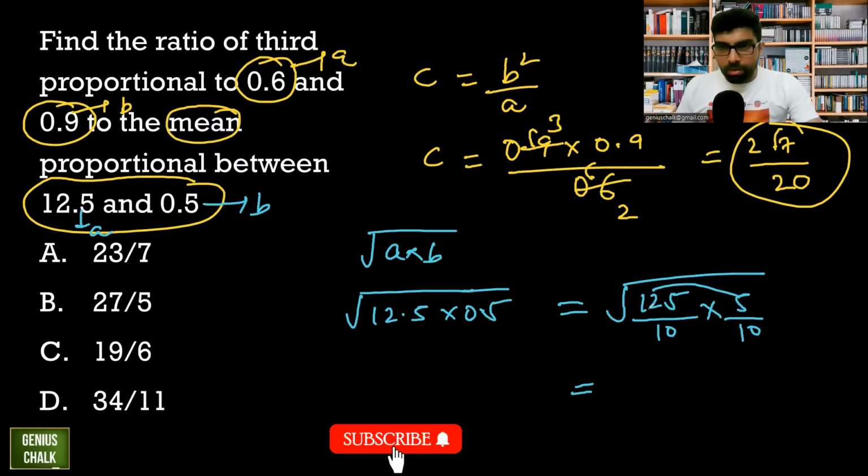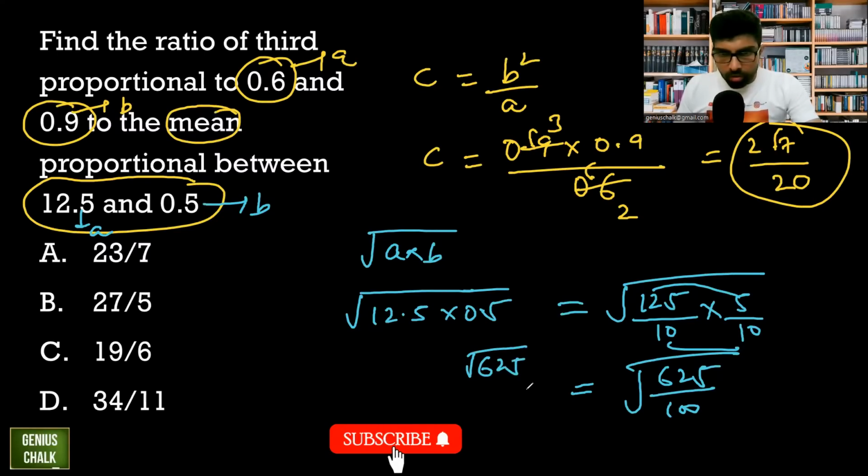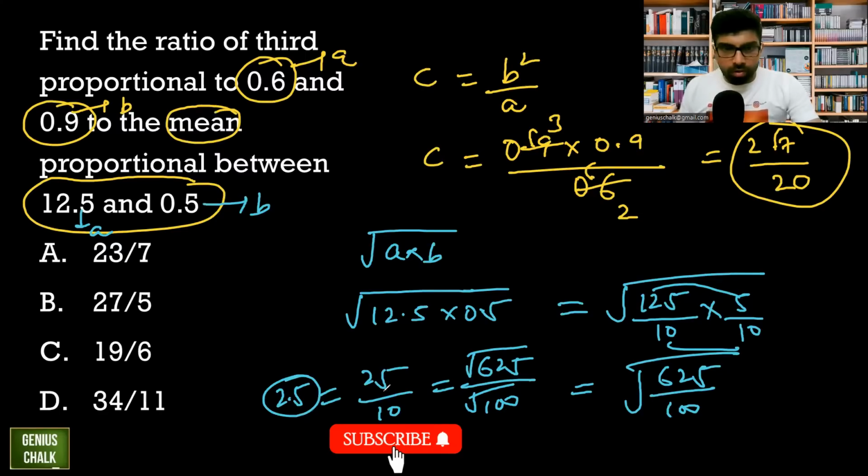Now, this will be 125 into 5, 625. 10 into 10 is 100. So this becomes root of 625 by root of 100. What is 625 root? It's 25 and it is 10. So it has to be 2.5. 2.5, or you can write 25 by 10 also, no issues.